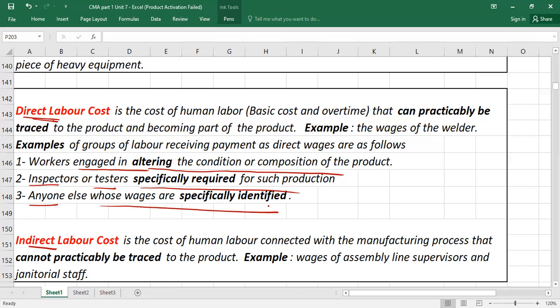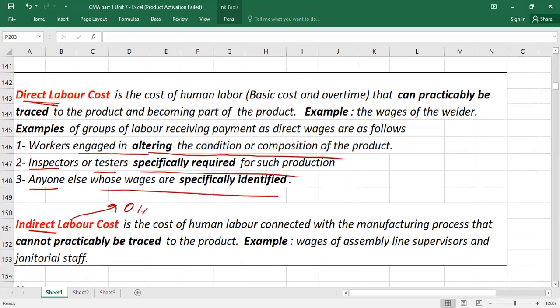They're not altering the products. So their salaries will be treated as a part of indirect labor. Understood? Clear what I told you? And please also note, indirect labor will be part of overheads also. Indirect material and indirect labor, both will be part of overheads.